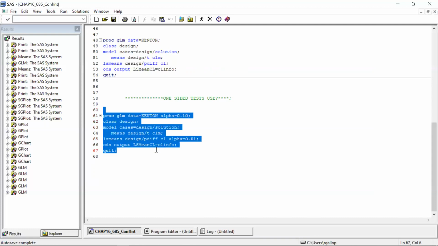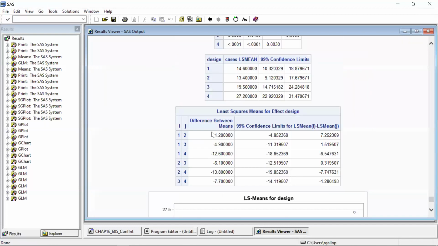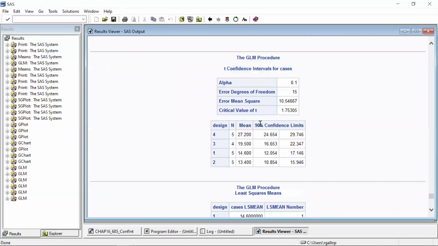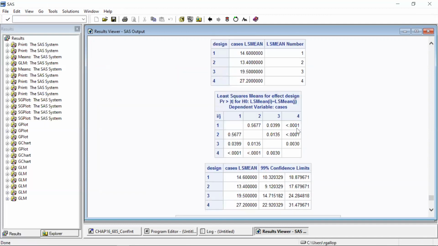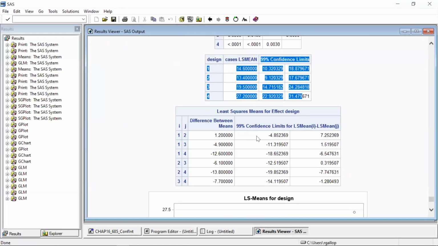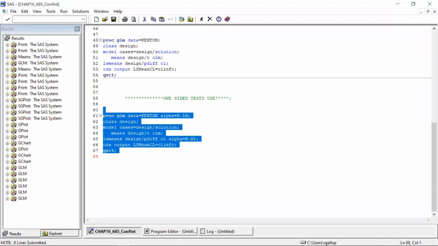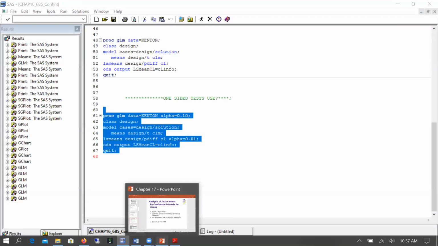So if I look at this output really quick, you could see in the means line, it's 90% confidence intervals, but in the LS means line, it's 99% for the individual cells, as well as 99% for the pairwise differences. So just keep that in mind as we move forward with respect to that.